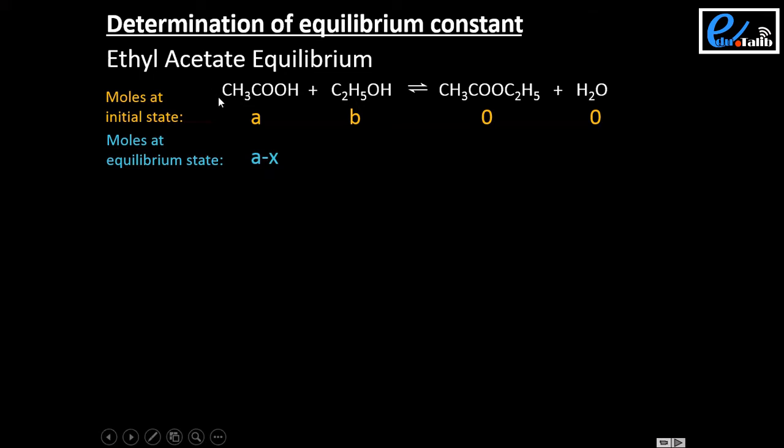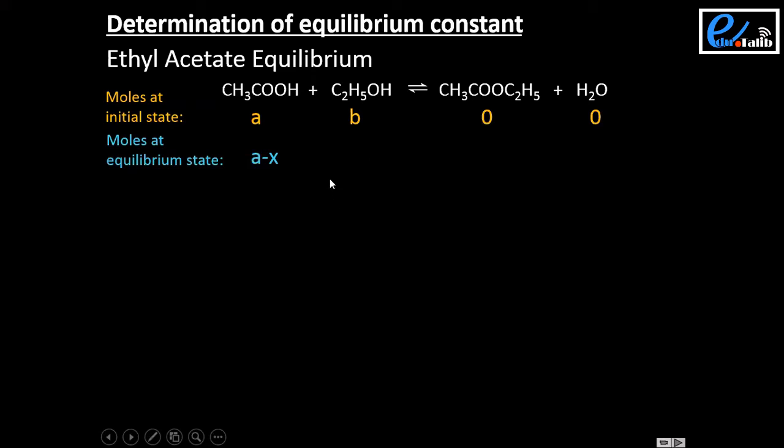Since the stoichiometric ratio between these two is 1:1, if 1 mole of acetic acid is consumed, 1 mole of ethyl alcohol is also consumed. Since X moles of acetic acid have been consumed, the moles of ethyl alcohol consumed is also X moles.